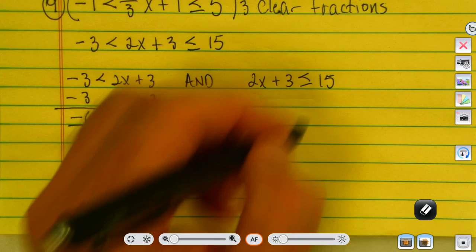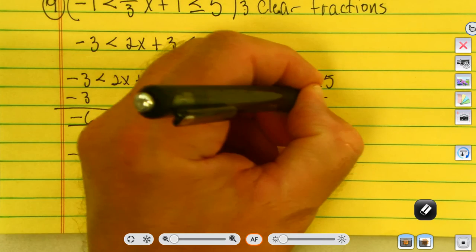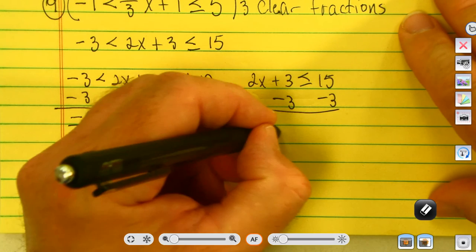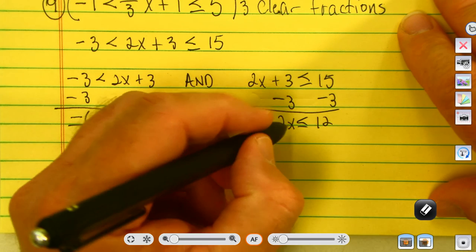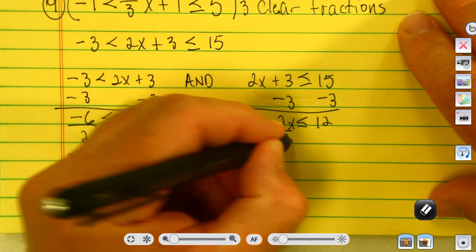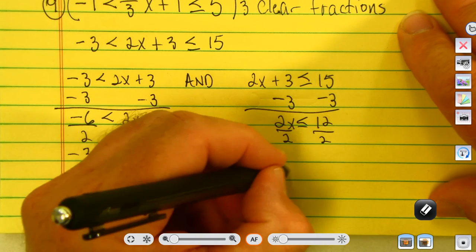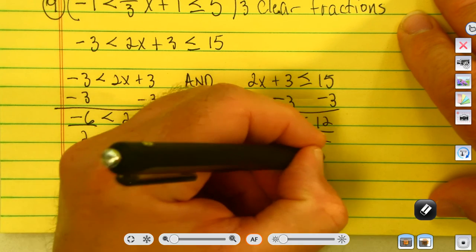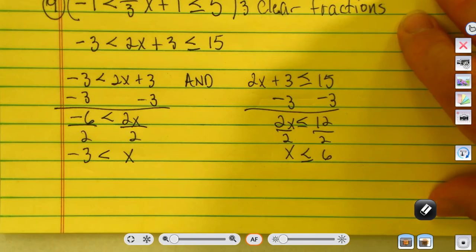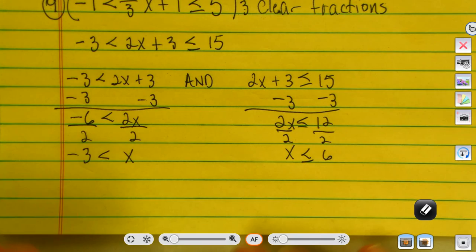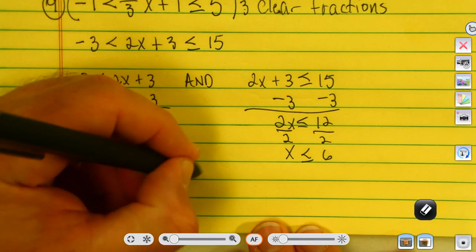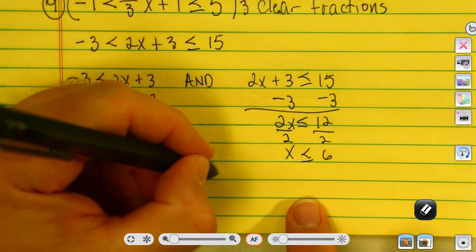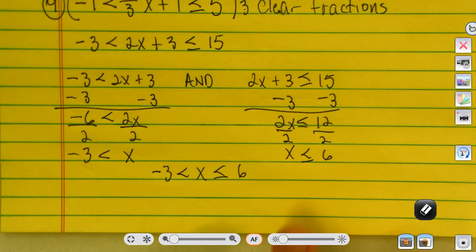So far, so good. Over here, I'll subtract 3 from both sides. I'll get 2x is less than or equal to 12, divided by 2, and x is less than or equal to 6. So if I put them back together for a compound inequality, it'd be -3 is less than x, x is in the middle, which is less than or equal to 6.